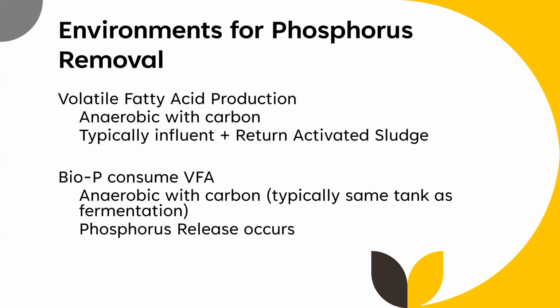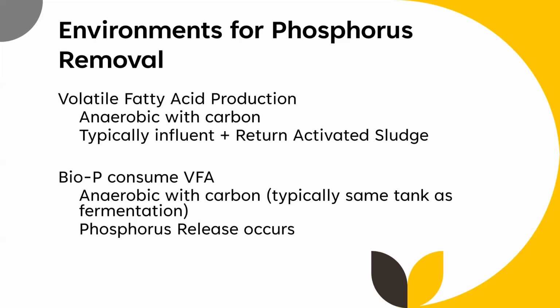Now your bio-P organisms, those that take up excessive levels of dissolved phosphorus from the water, consume that VFA. So it's sort of like you and I going to Golden Corral and eating too much, we get fat, and then we can use that energy over the coming days, and hopefully we all do.